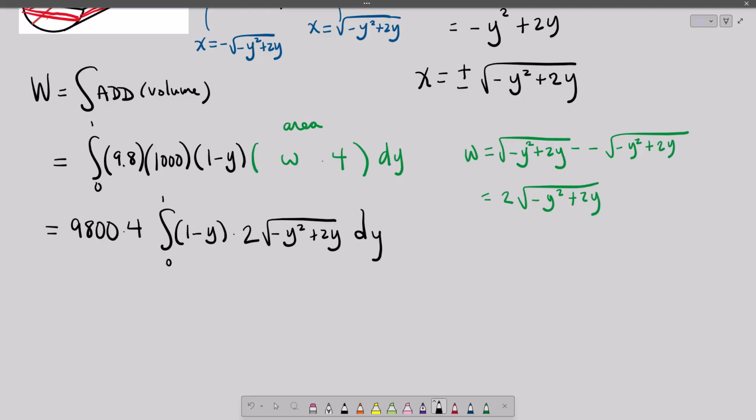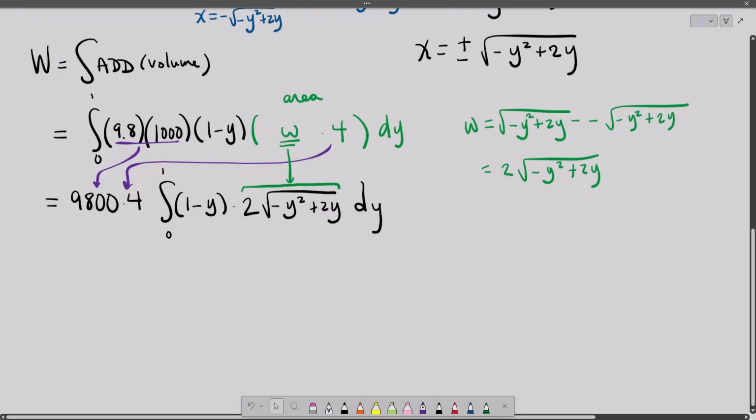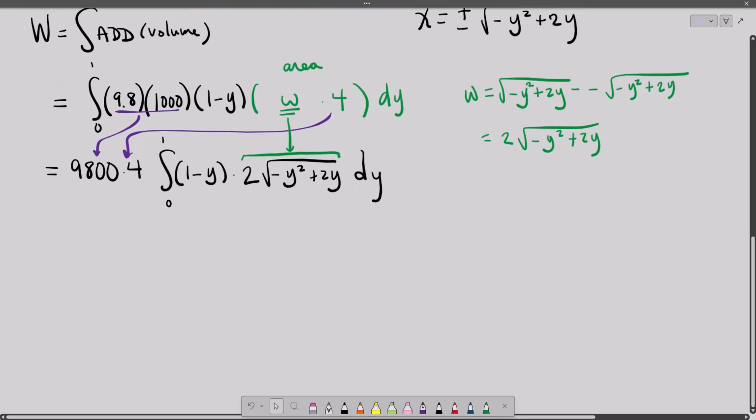So we have that. This 4 right there is that one out in front, and then those two guys turn into that. And then the W, that is this stuff right here. Everybody okay with that?